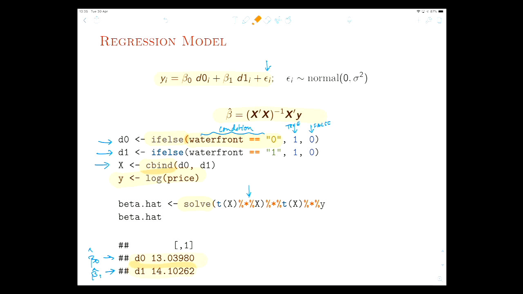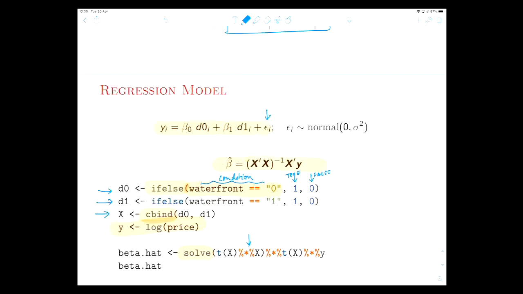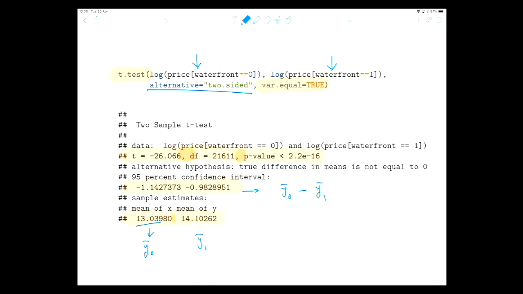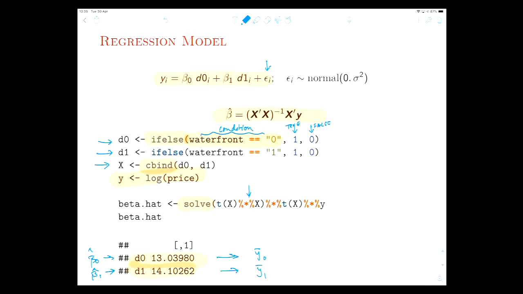Do they look very similar to y bar 0 and y bar 1? In fact, they are equal to y bar 0 and y bar 1. Notice if we go back to the t-test, notice the two means, y bar 0 and y bar 1. In our regression context, they somehow represent beta 0 hat and beta 1 hat. Does everybody get that? Right?